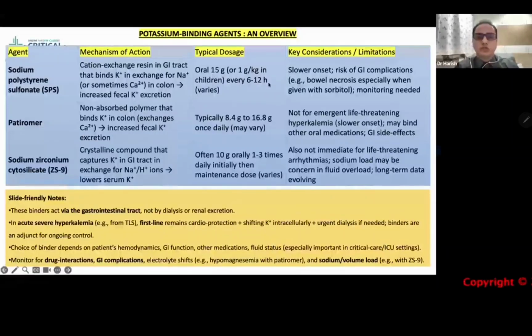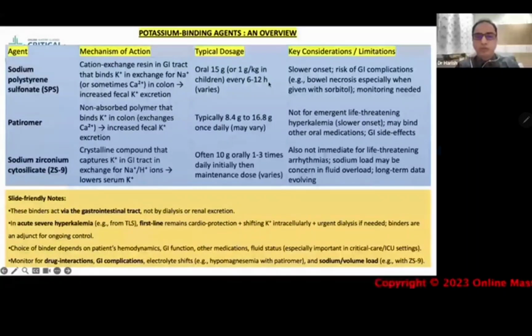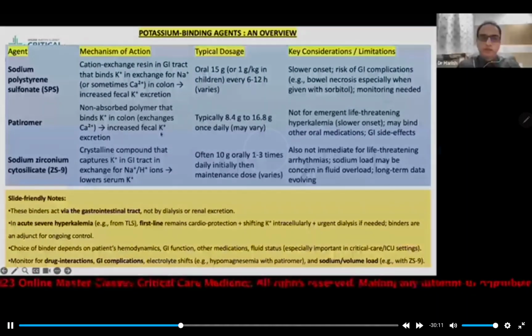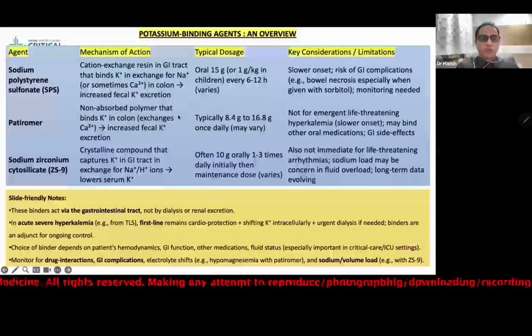We can give it 6 to 12 hourly depending upon the potassium level. The problem is slower onset and risk of GI complications like bowel necrosis, especially when given with sorbitol. So monitoring is needed.